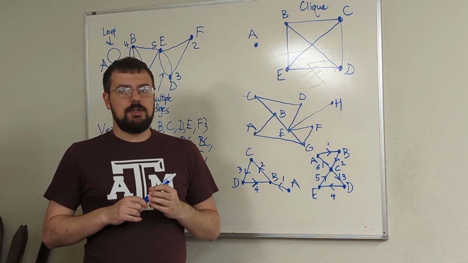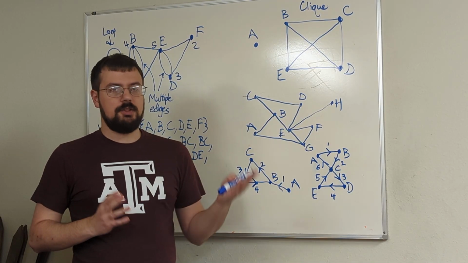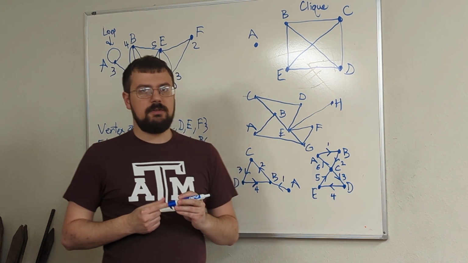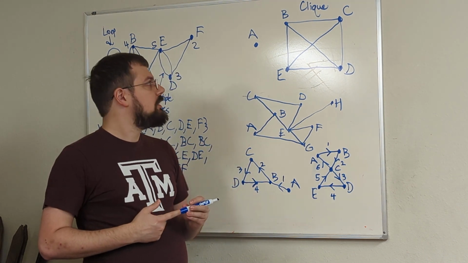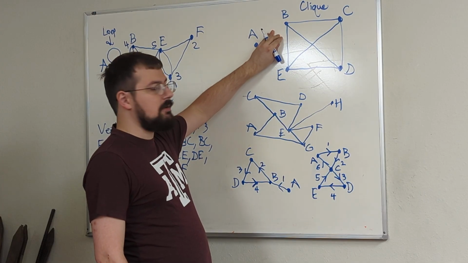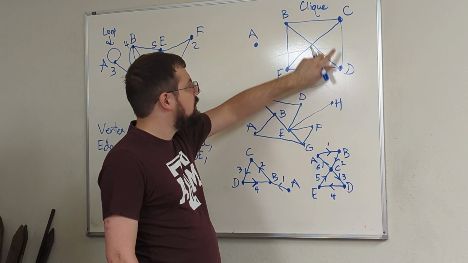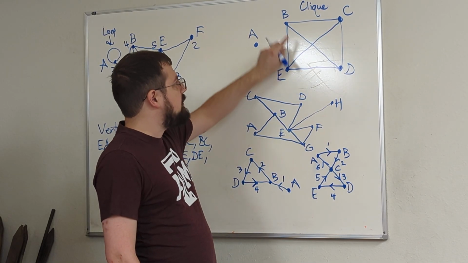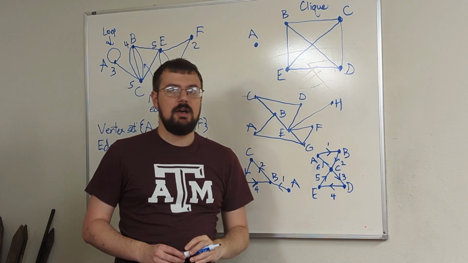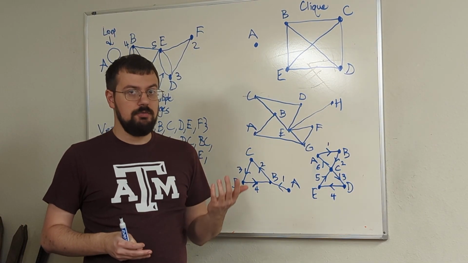The last concept that we'll talk about with graphs is what we call paths and circuits. A path basically is just a set of consecutive edges that you're following. So, for instance, if we look at this graph up here at the top, if we went from B to D to C, we follow two edges, B to D and D to C, so that would be a path, and we would say because we follow two edges that the length of that path is 2.